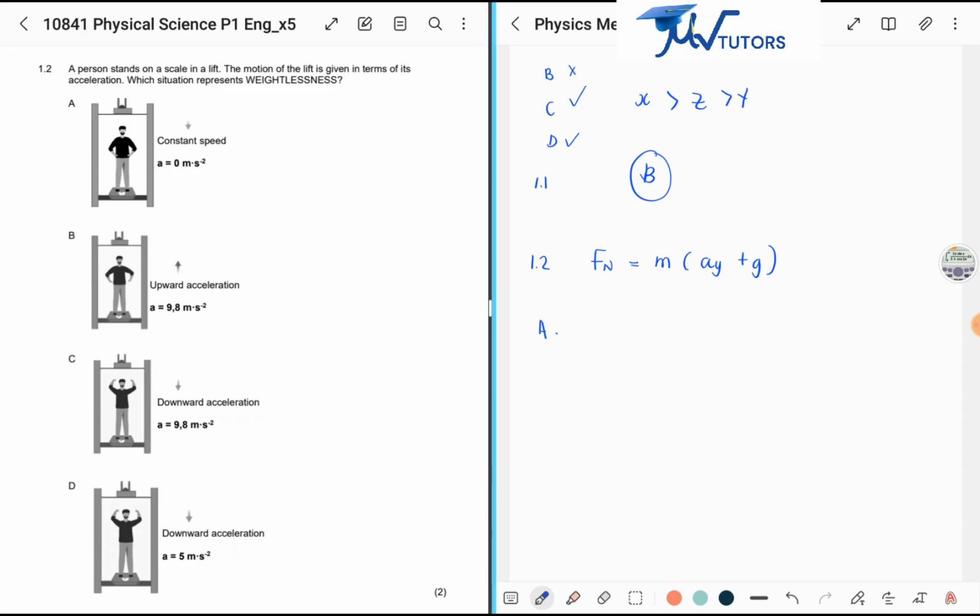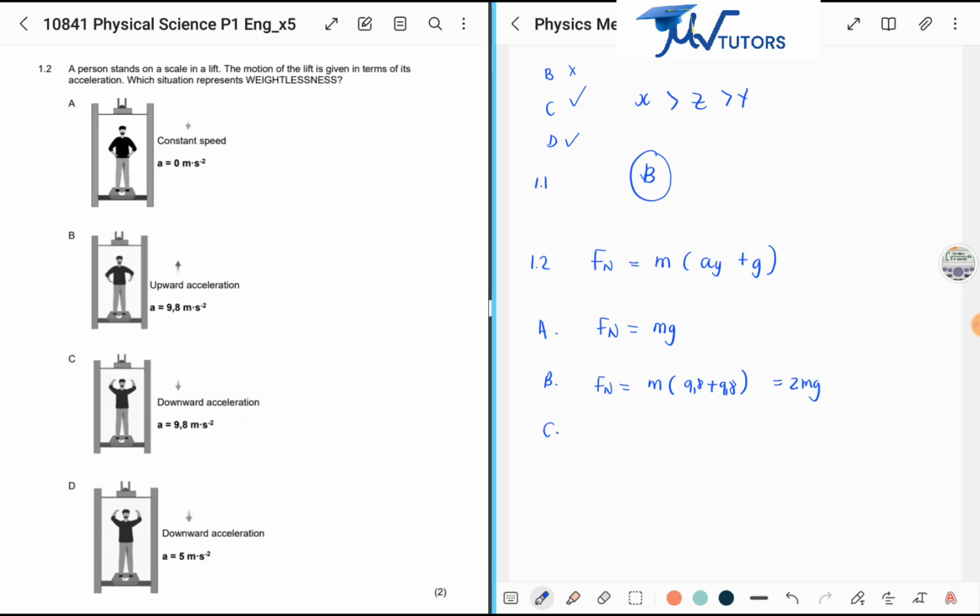Looking at this equation, if acceleration is 0, I only have mass times gravitational acceleration, so that is not weightlessness. If I look at B, upward acceleration, my normal force will be 9.8 plus 9.8, so basically 2 times the gravitational acceleration times mass.